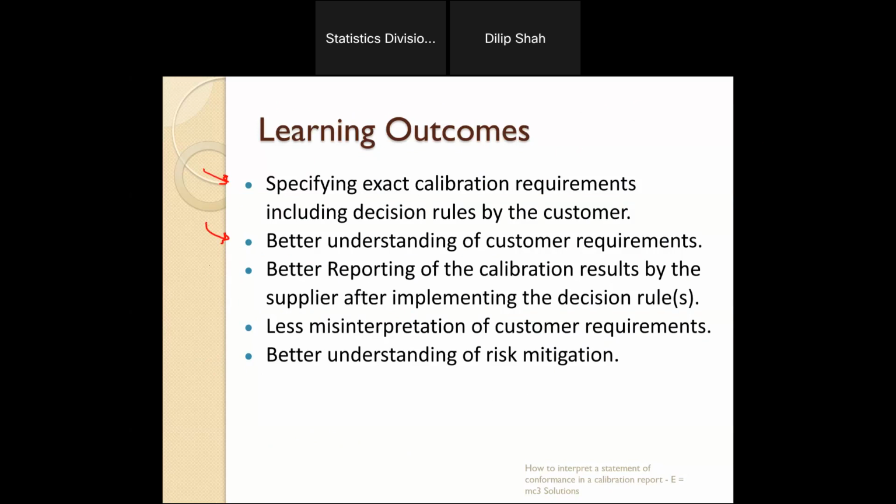And then if you are making the conformity decisions of pass or fail, then you need to employ the appropriate decision rule. And then there's less misinterpretation of customer requirements. And then we're making better risk decisions, risk mitigation important in that respect.